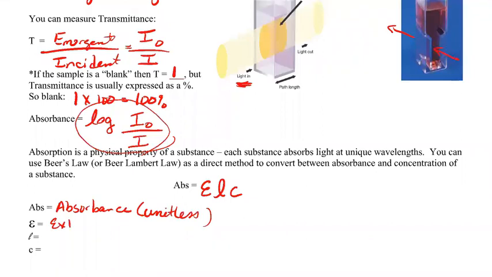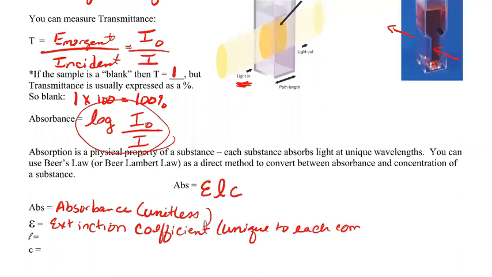E is our extinction coefficient, right? And so our extinction coefficient is unique to each compound at a specific wavelength.